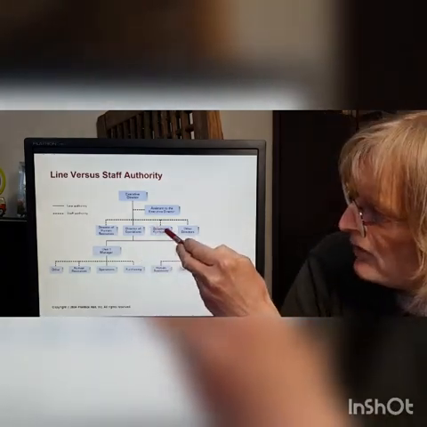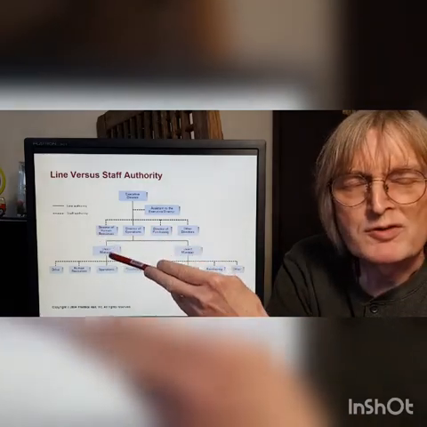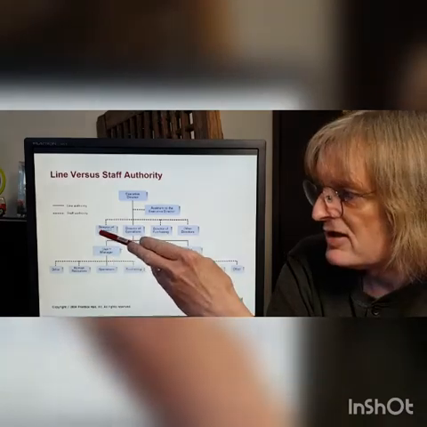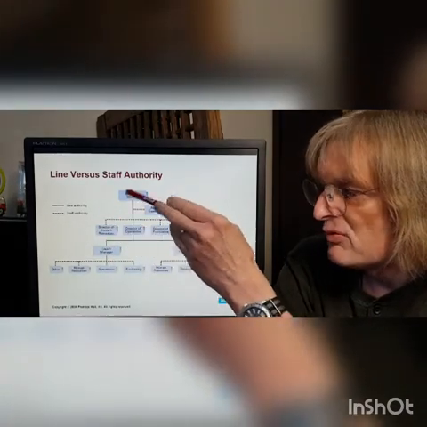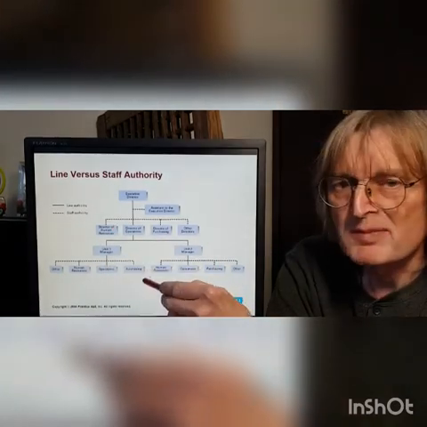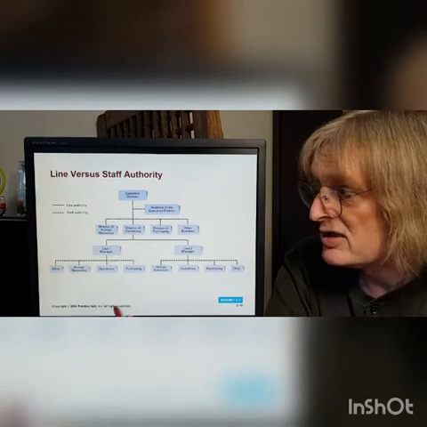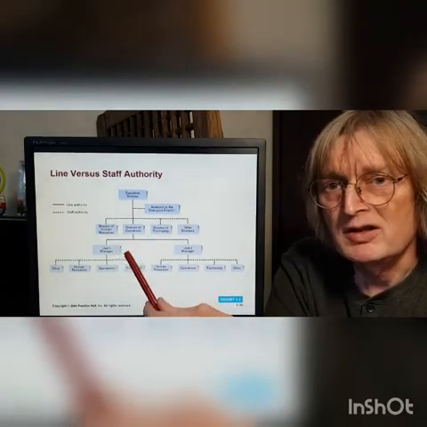However, we've got other functions up here. So maybe for human resources, this person is in charge of that or is a support person for this. He doesn't have direct authority over these people, but he or she has authority just through their position.